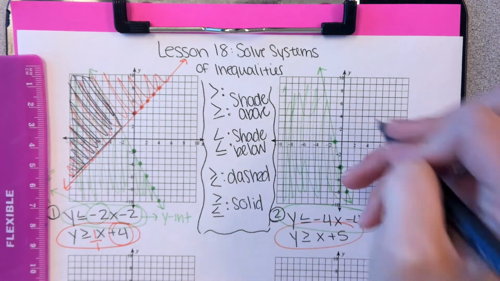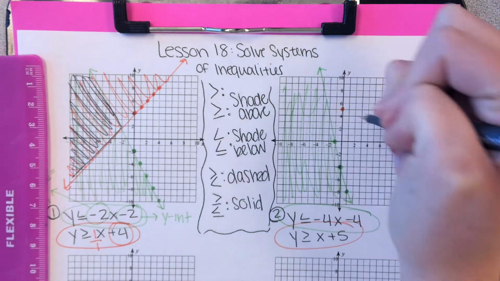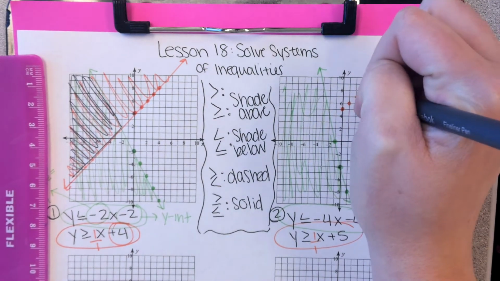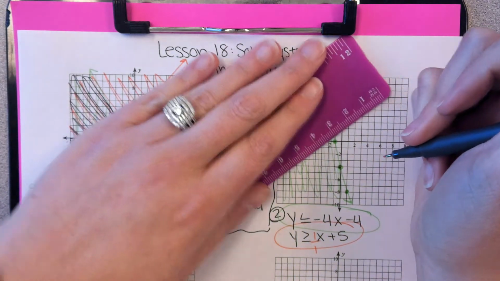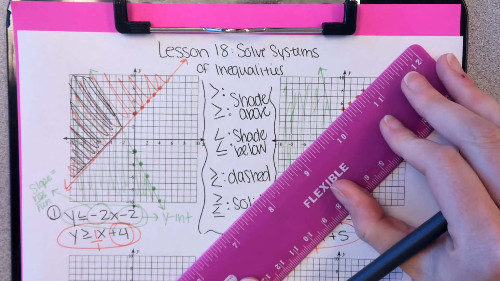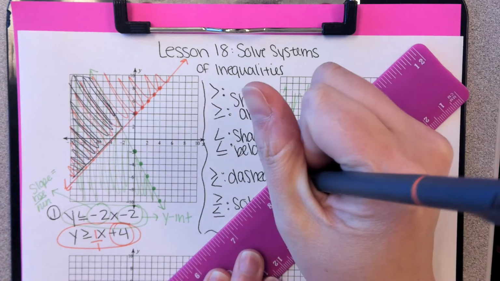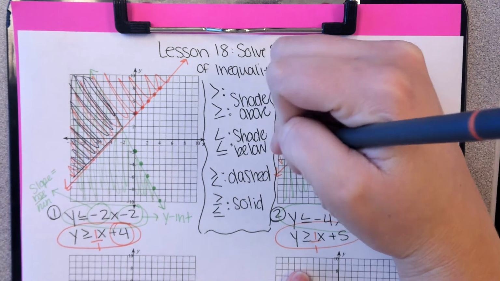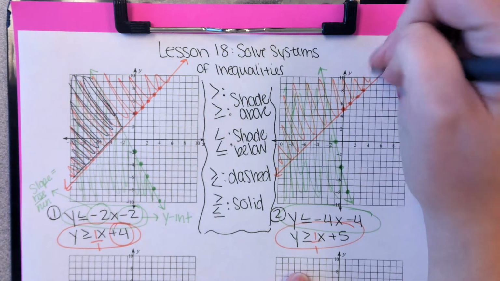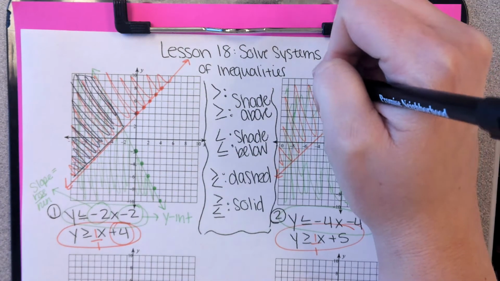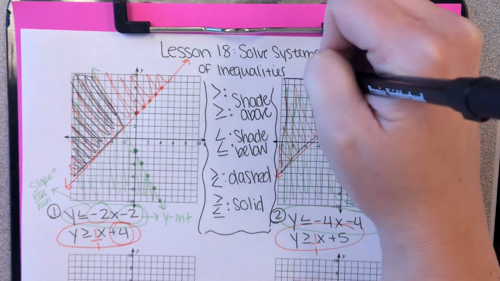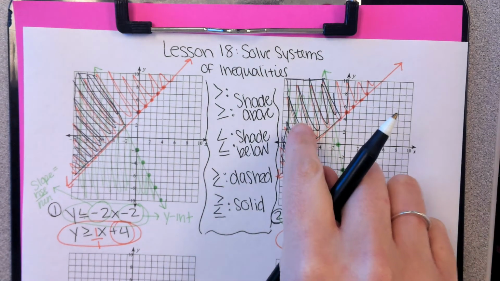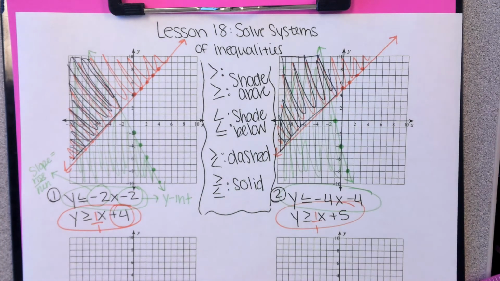My next one, my intercept is 5. And my slope is 1 over 1. It's greater than or equal to. So once again, I'm going to do a solid line. And I shade above. So this time the overlapping region is right here. And that's what it will be looking for in Math Excel.